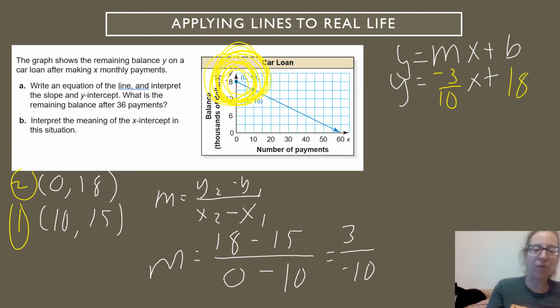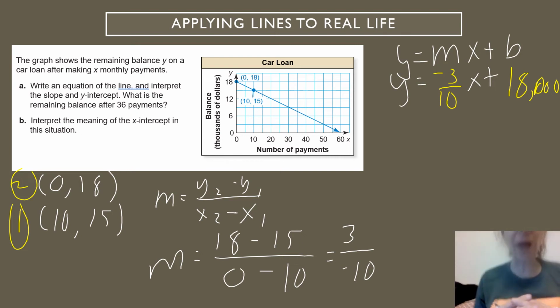What you need to remember, though, is that it's in thousands of dollars. So actually, the y-intercept is 18,000. I think for the most part, you can be pretty flexible about that because the math will often work out either way, but just be mindful that that actually was 18,000.